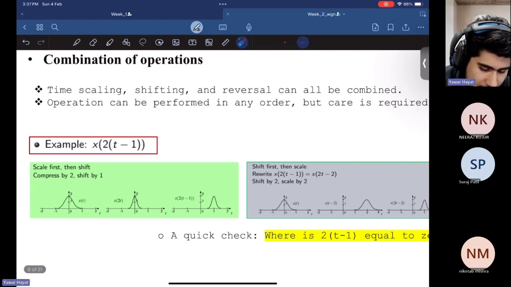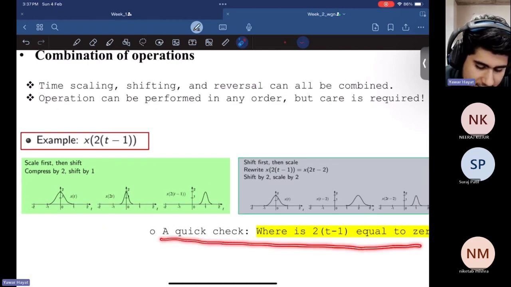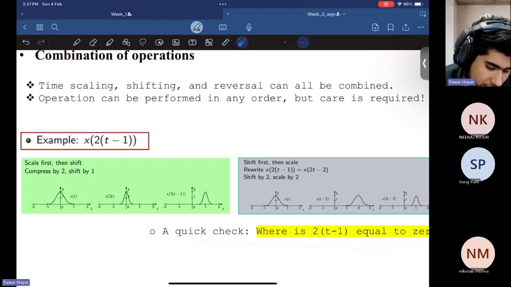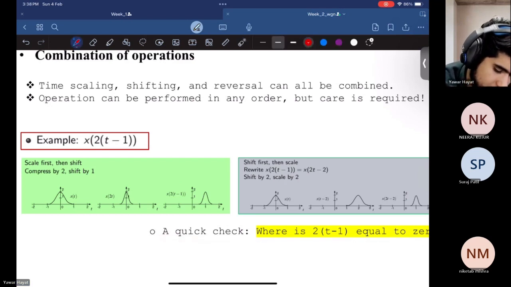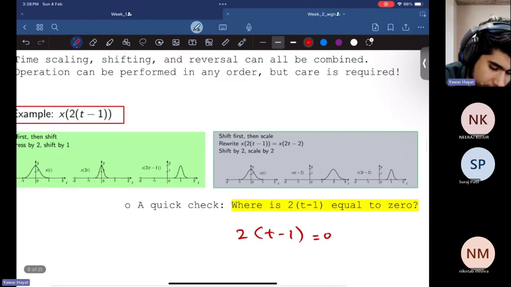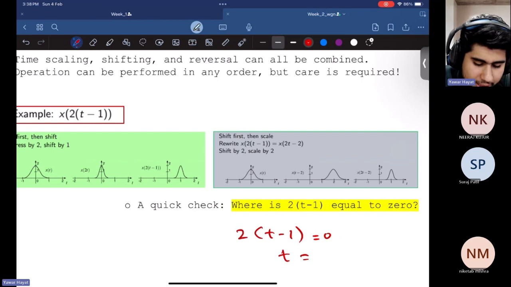Again, a quick check. You can put this argument equal to 0, right? If you put this to 0, what would you get? You would get t equal to 1, right?